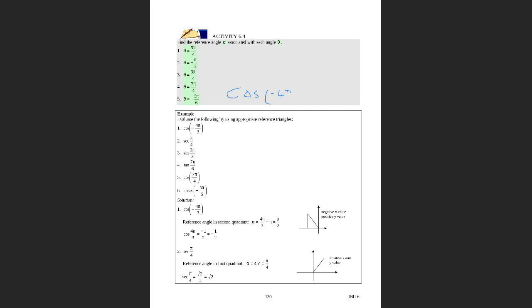So we have negative 4 pi over 3. We have to know that once it's negative, we are going to move in the clockwise direction. So we will draw our axis like this.